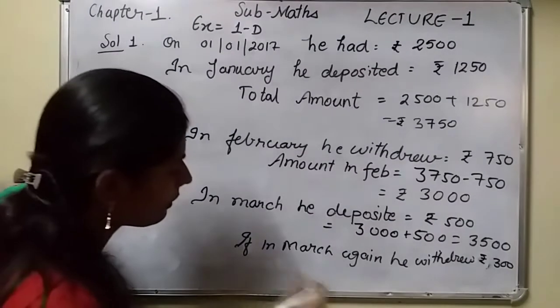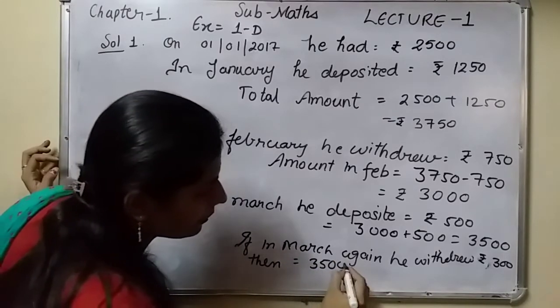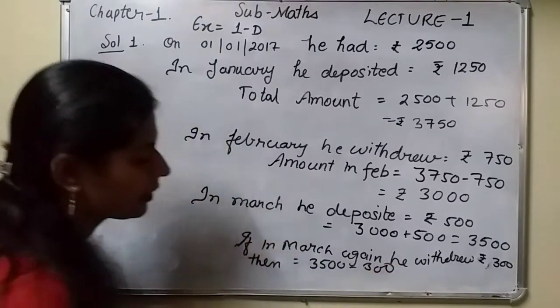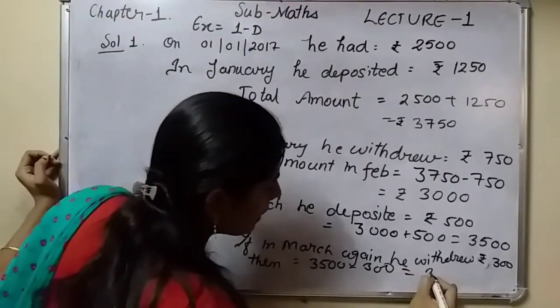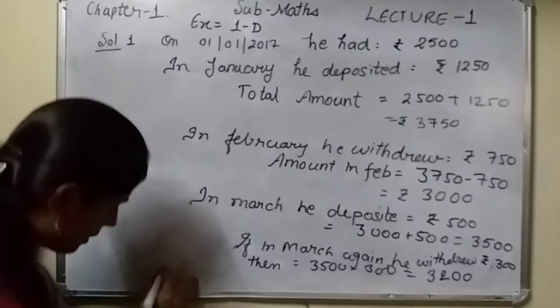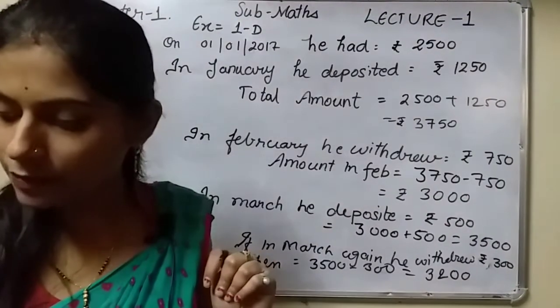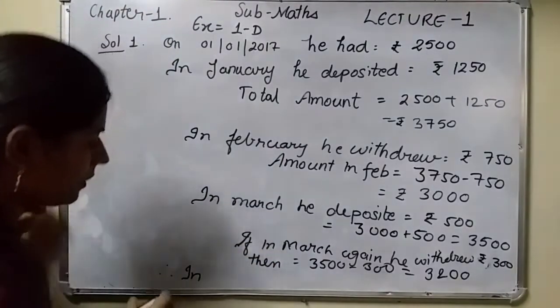Yes, rupees 300. Then 3500 minus 300. Then how much money is remaining to him? 3200. Okay.